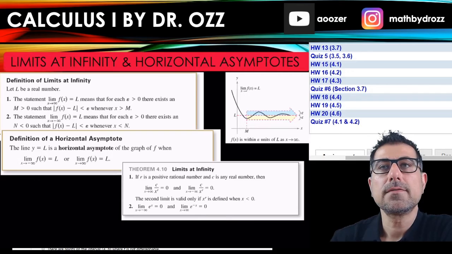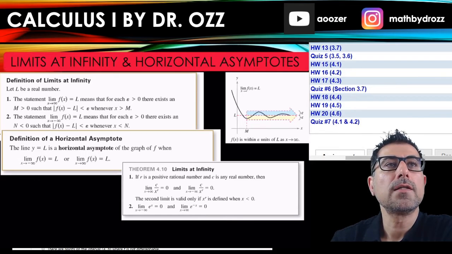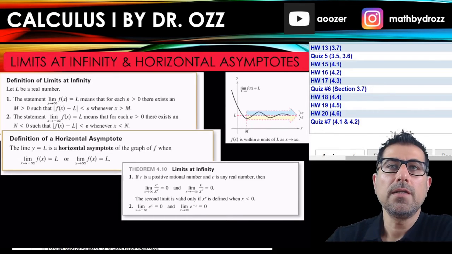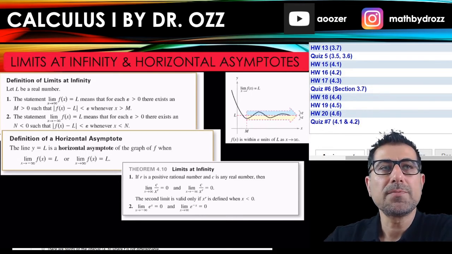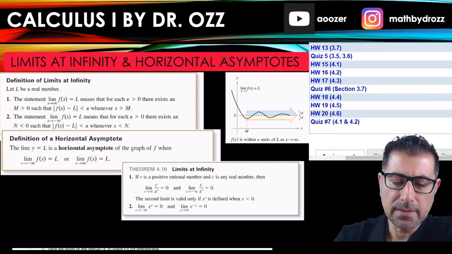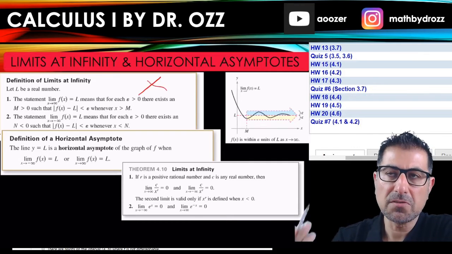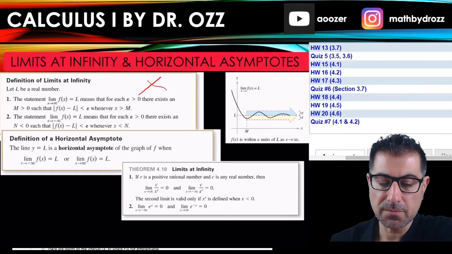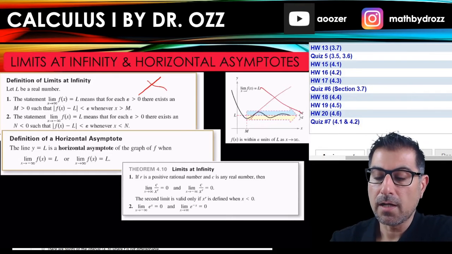And the next section, that was 4.5, I believe, and we talked about limits at infinity and horizontal asymptotes. And here, there is the epsilon definition of the limit. I wouldn't really worry about this definition. But just keep it in your notes, not in your formula card, because we don't really use this definition.